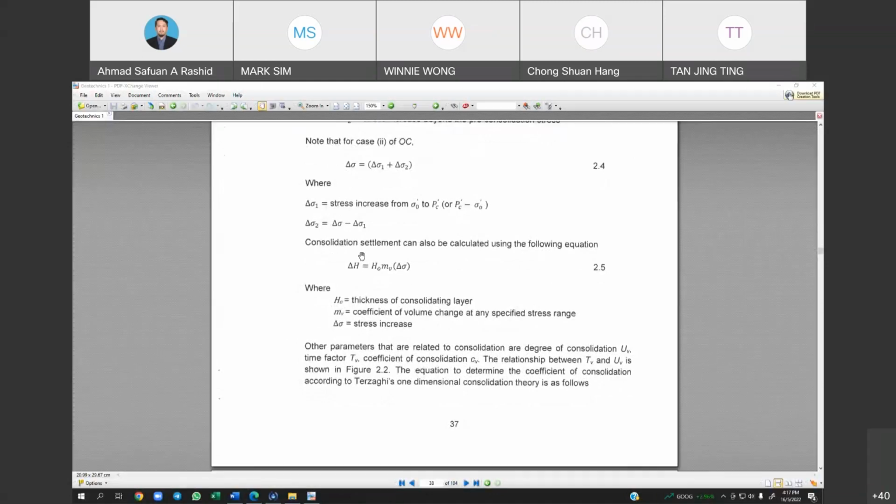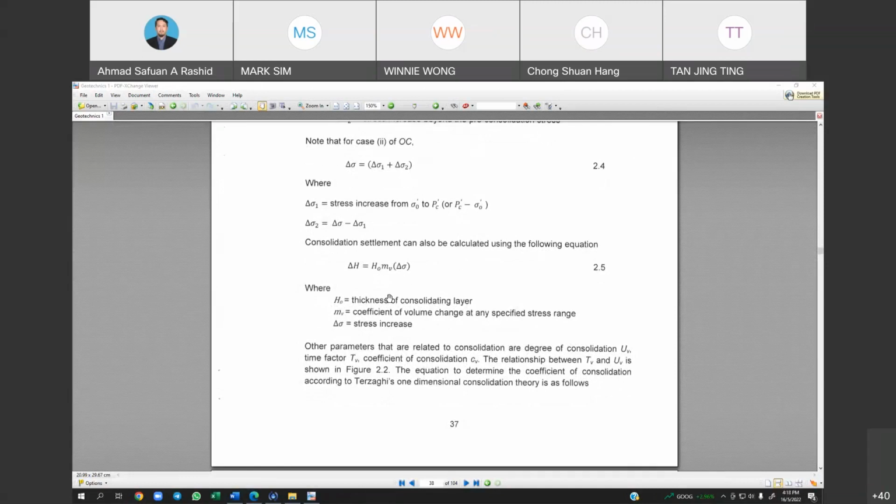Equation 2.5 is the equation for delta H by using the MV approach. Here we have sigma naught plus MV multiplied with delta sigma.